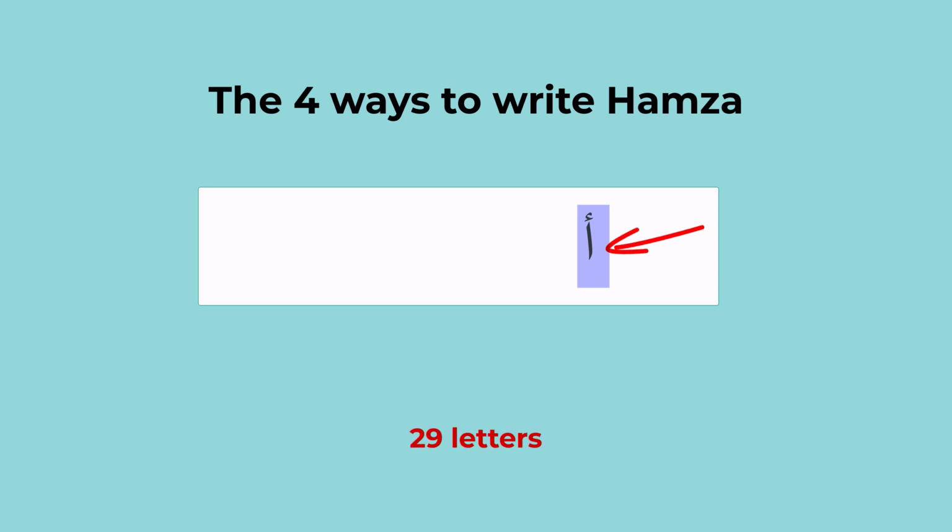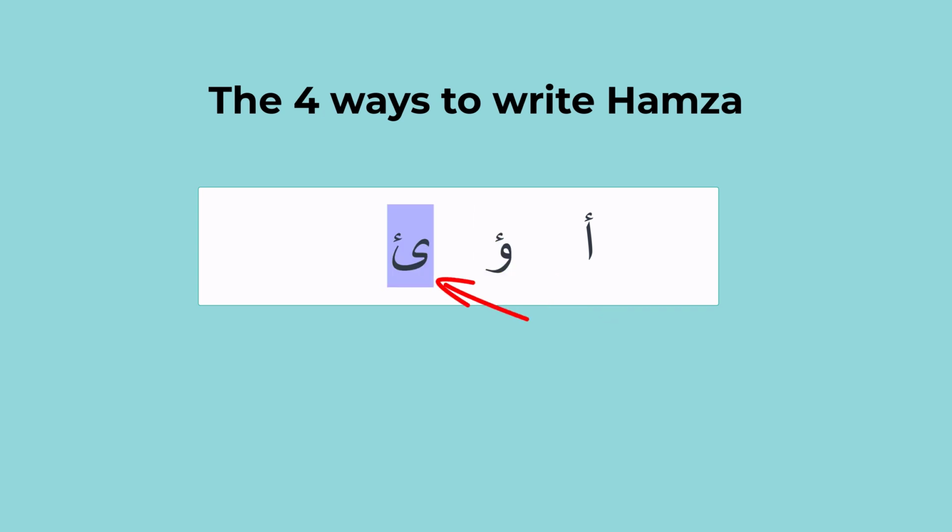It is Hamza's chair. Hamza is very delicate. She needs a chair, okay? So here alif is the chair for Hamza. Sometimes waw will become a chair for Hamza, and sometimes ya will become a chair for Hamza.